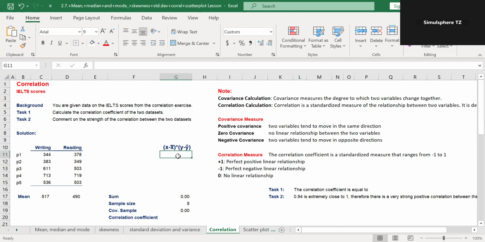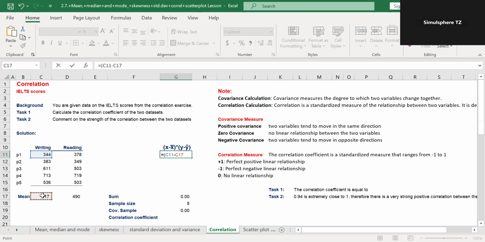First, let's look for the deviation for person 1. We already have this formula. We need to follow it. The formula simply means X representing writing, Y representing reading: the writing score minus the mean of writing, times the reading score minus the mean of reading. So let's do that quickly. Equal to, open bracket, writing minus the mean of writing.